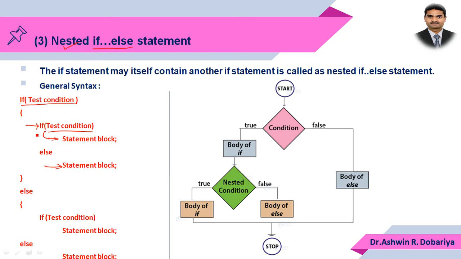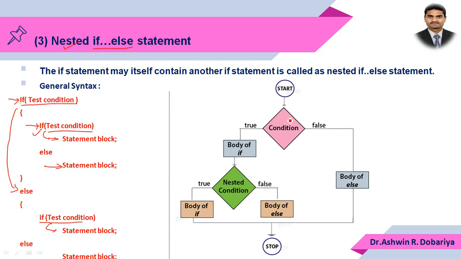So here one if is mentioned inside another if, and if the outer if condition becomes false, then control directly jumps to the else part, and inside the else part again we can check another condition. If this condition becomes true, then execute this statement block, otherwise execute this. So nested if else means an if condition inside another if condition.